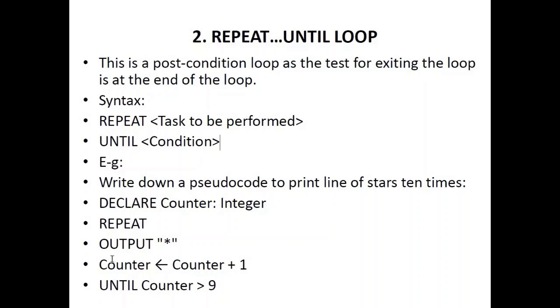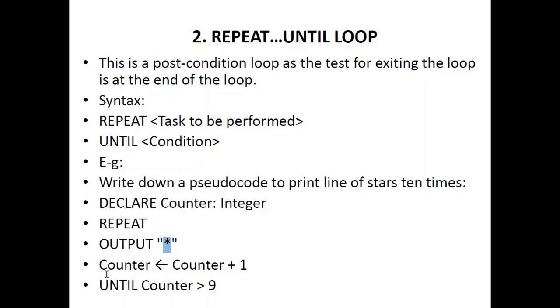For example, if you have to do the same thing, meaning we have to print 10 stars, declare counter as integer, REPEAT, output star. We are showing it in inverted commas so that whatever is inside the inverted commas will be printed as it is on the screen, whereas if you don't put inverted commas and write down the variable name, for example you write output counter without inverted commas, then the value of the counter would be printed on screen.